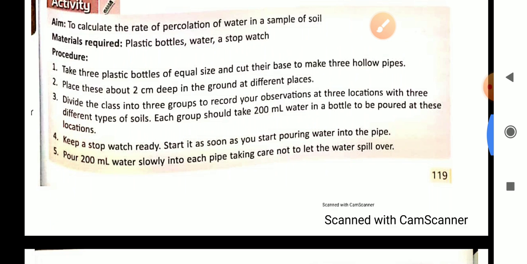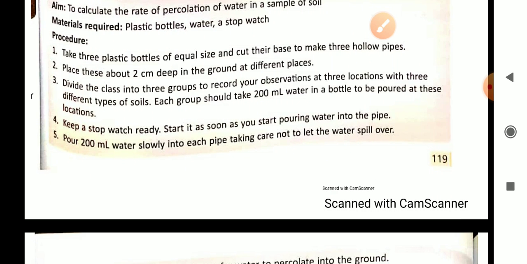We will take 3 plastic bottles of equal size and cut their base to make 3 hollow pipes. Now we will place these pipes about 2 cm deep in the ground at different places.